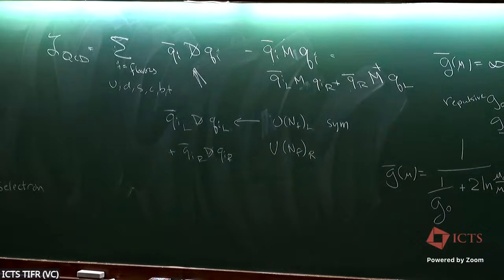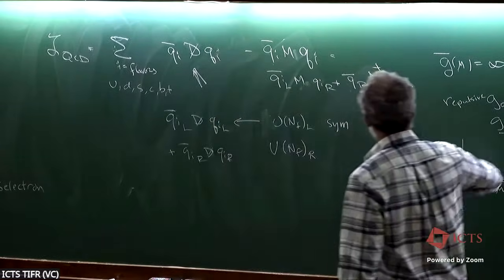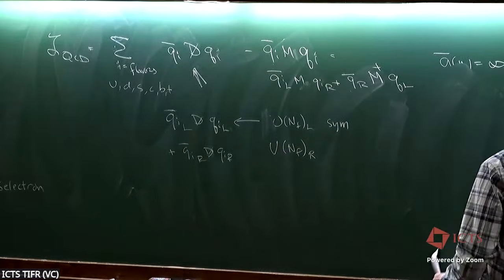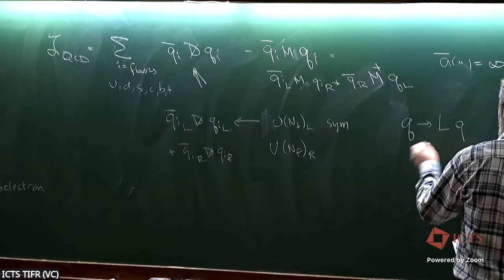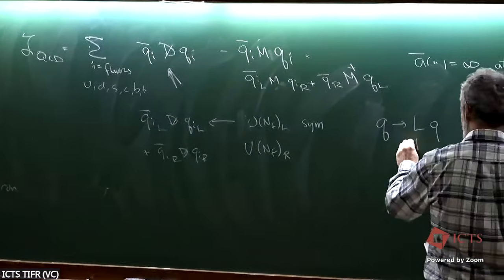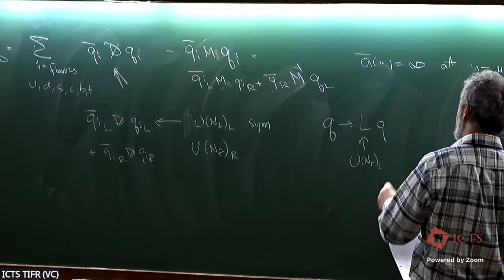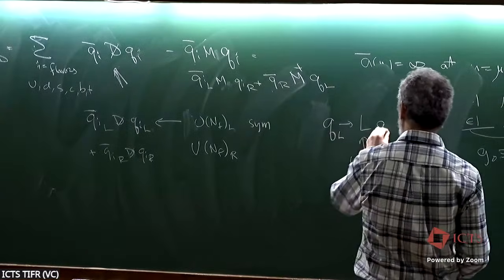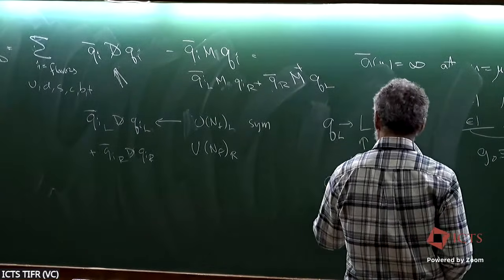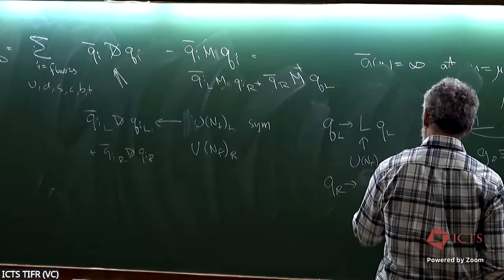So now what happens is that if you make this transformation, Q left goes to L times Q left, I'm dropping the flavor indices, this is a U(N_F) L transformation, and Q right goes to R times Q right.